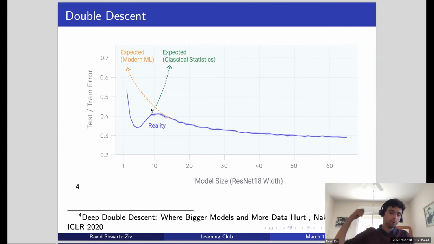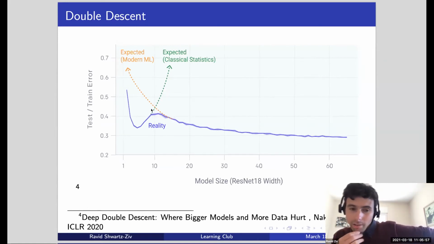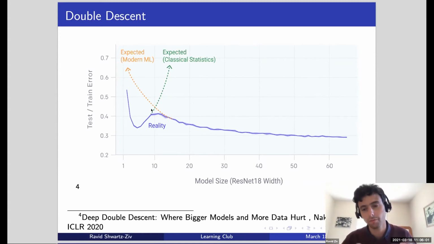But what we really see is that at some point the error goes down again when you increase your model size. At least in the linear case we understand it, and also for some nonlinear cases, but we don't understand it fully for the general case in deep networks.